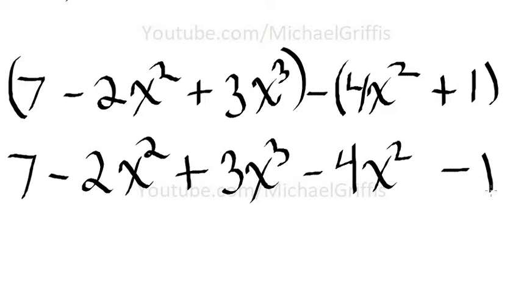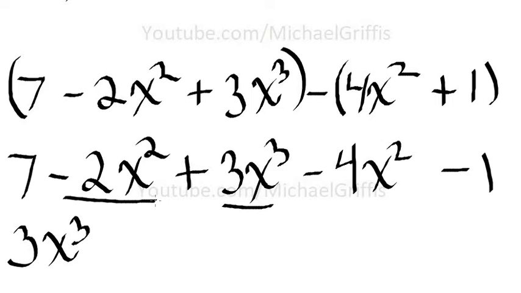Okay. Now let's collect up our like terms. And let's write this in some kind of standard form where the leading term is x cubed. Do we have any like terms? No. So I'll go ahead and write that. 3x cubed.